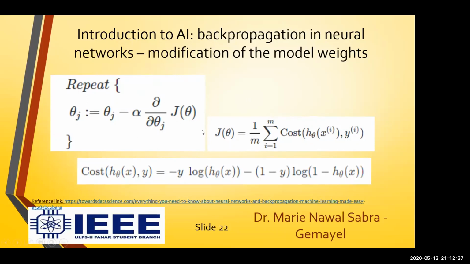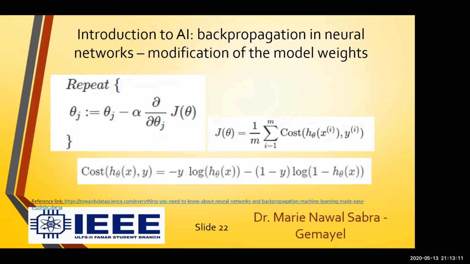Based on how different my calculated answers are with respect to the real answer, I am going to change the weights so that eventually I get the cost tending to zero, the error tending to zero. Therefore, the weights that have been calculated, the learned weights, are the good ones that are going to actually give an answer that is very similar to the one that has been given in the sample.